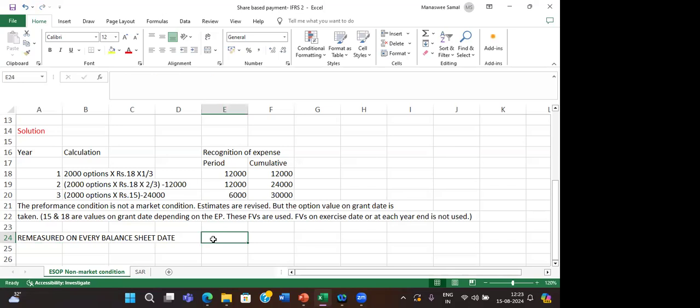I'll repeat it. If anything is treated as a liability, the liability will be remeasured on every balance sheet date.